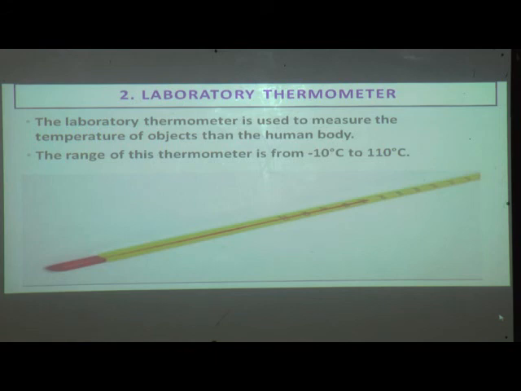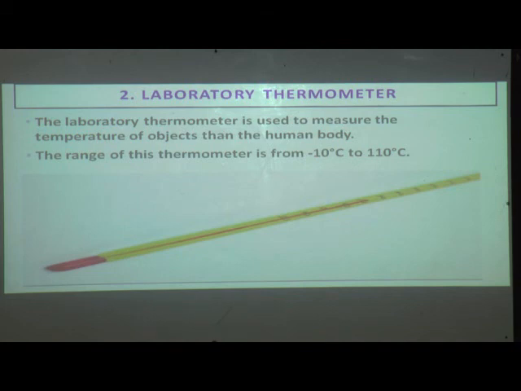So that is why we made this laboratory thermometer, by which we can measure temperature from minus 10 degrees Celsius to 110 degrees Celsius. See, what is the difference between clinical and laboratory?